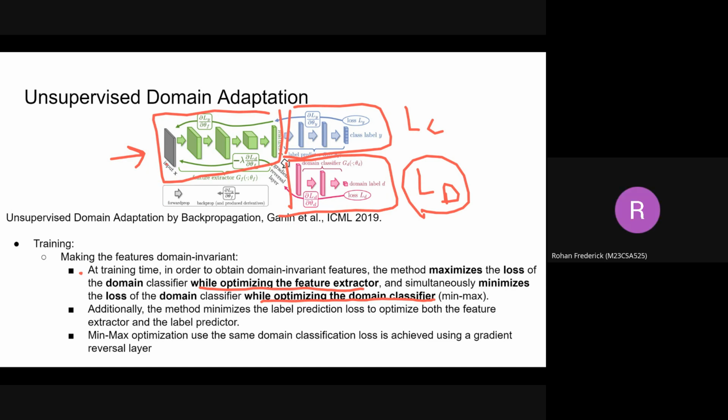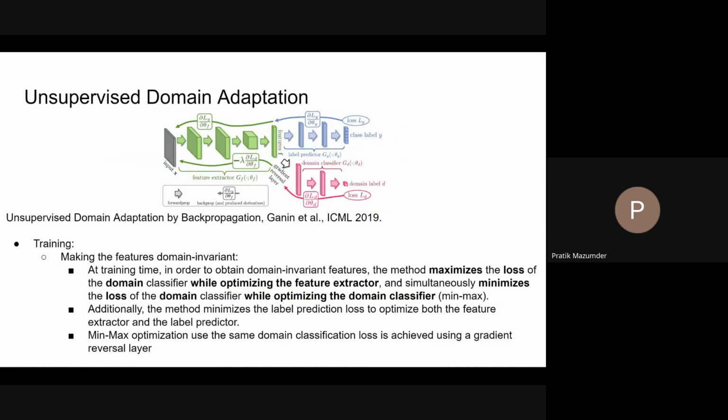So when you're optimizing your feature extractor, in terms of your domain loss, you will try to maximize this particular loss. Sir, why do we want to maximize it? Let me show this again.